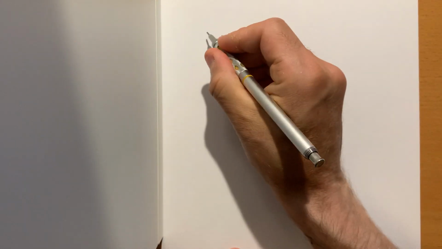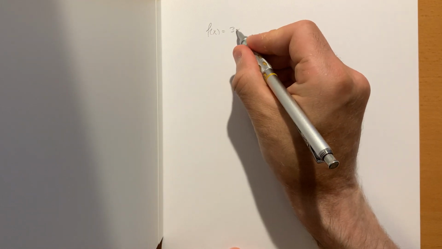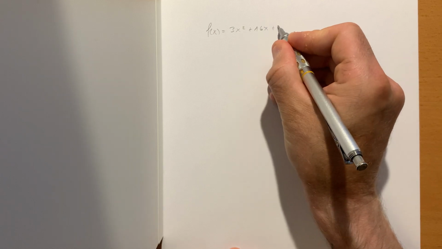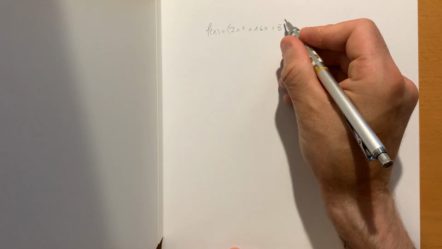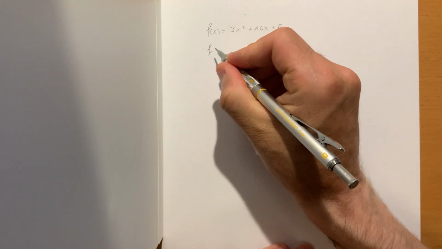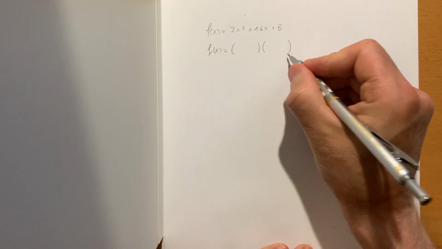So look, f of x is equal to 3x squared plus 16x plus 5. Well, without the brackets here. Now we need to factor this one. So f of x is now brackets times brackets.